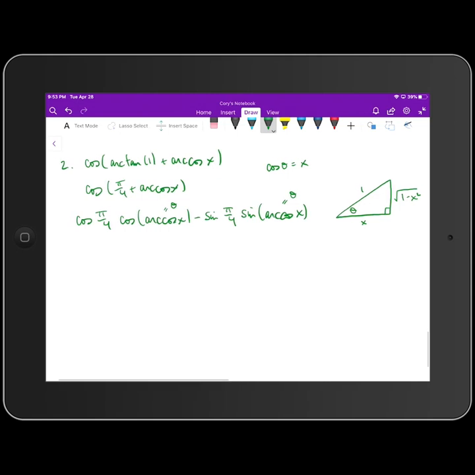So essentially, what this is asking us to find is the cosine of pi over 4 times the cosine of, we can replace the arccosine of x, since that's going to be equal to some angle measure theta, I'm going to replace that expression with theta, minus the sine of pi over 4.